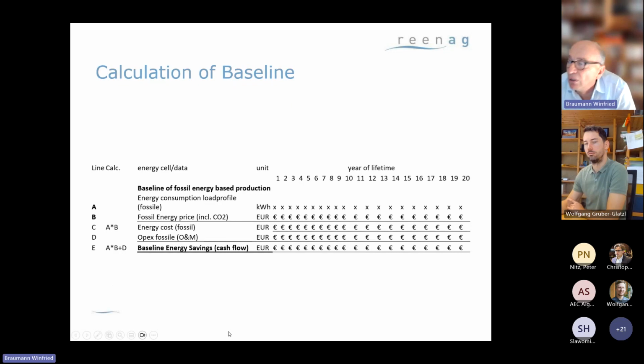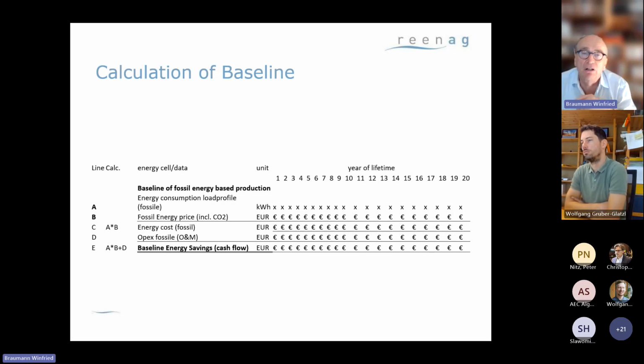So if we look briefly at the breakdown of this baseline of the calculation, it's quite simple.